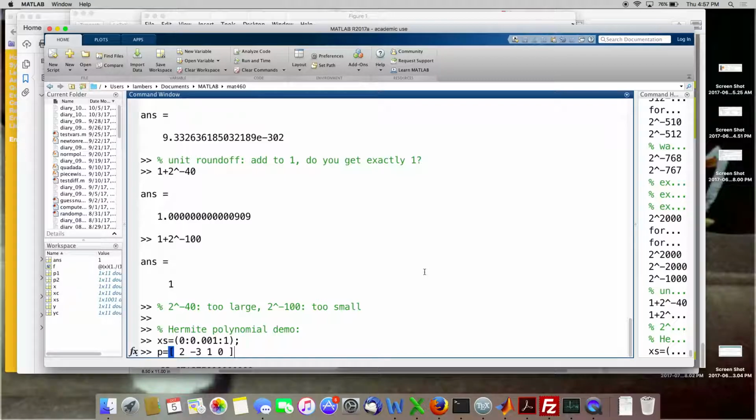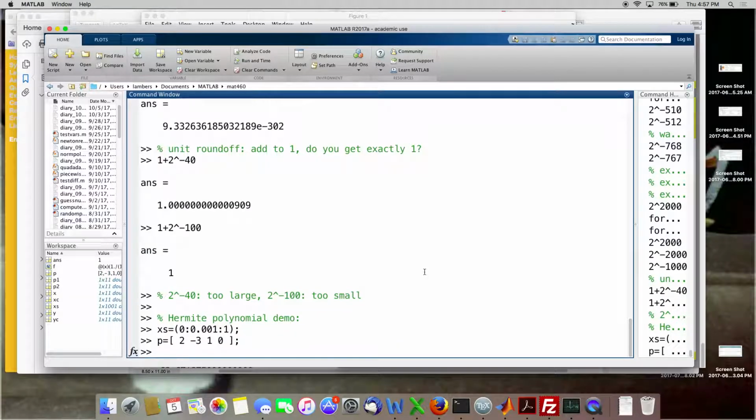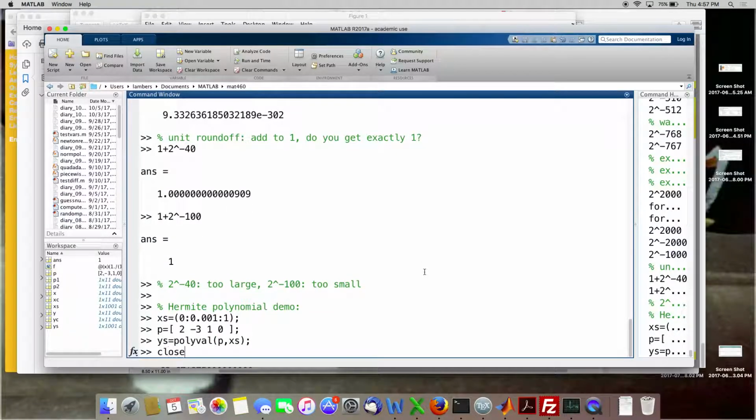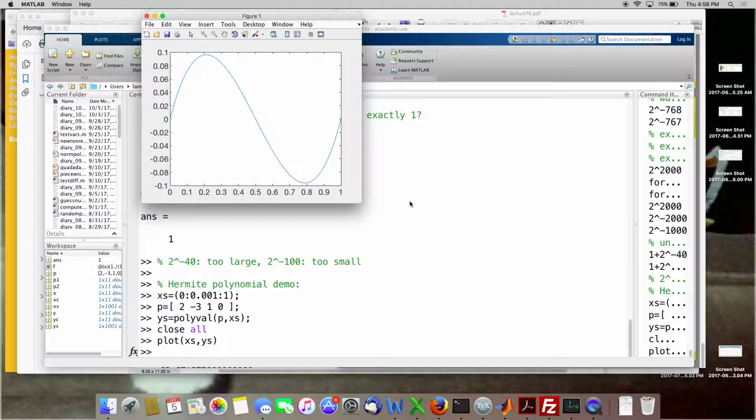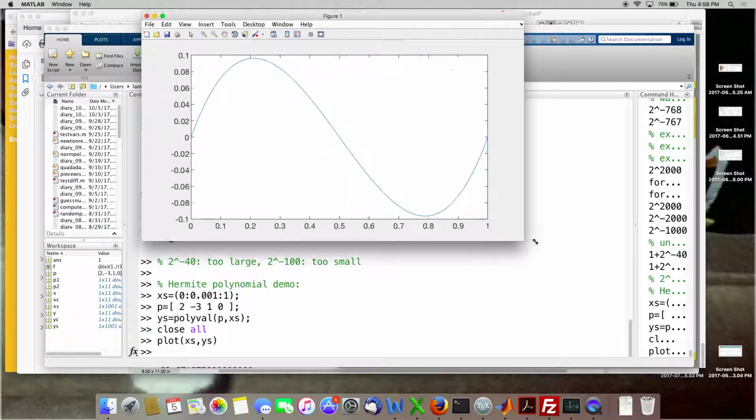There's no constant term, so I have to include that. So now I can get my y's by plugging the x's into that polynomial. And I'll close down my figure windows, and I'll plot this polynomial. Okay, here it is.